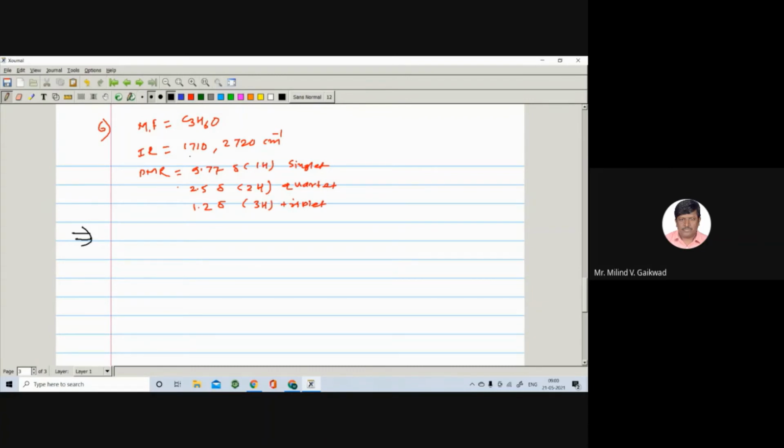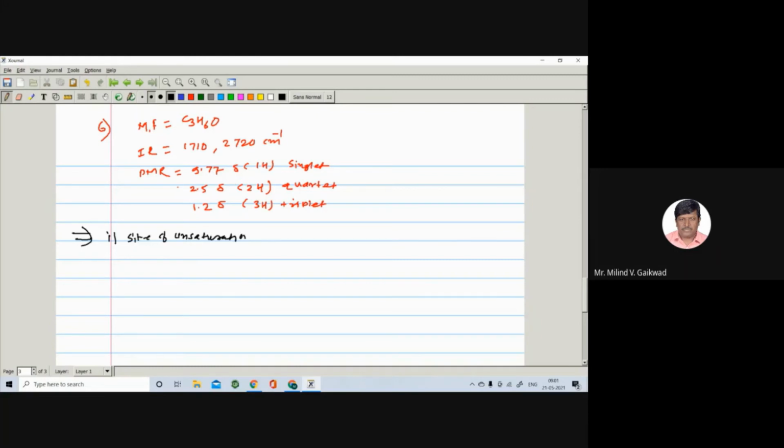They have given the IR at 1710, which indicates the C=O group, and 2720 means it is due to the CH of an aldehyde. And of course, the singlet due to one hydrogen at 9 means aldehyde, and the remaining you can write like this. So the first point you have to write is the degree of unsaturation.